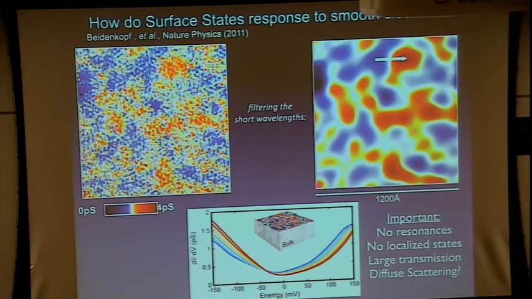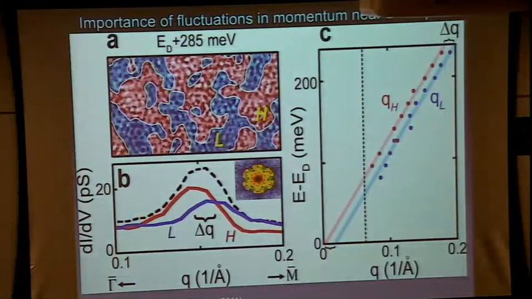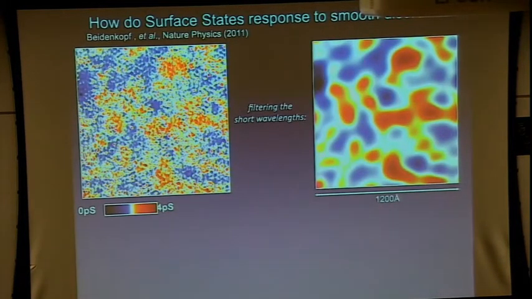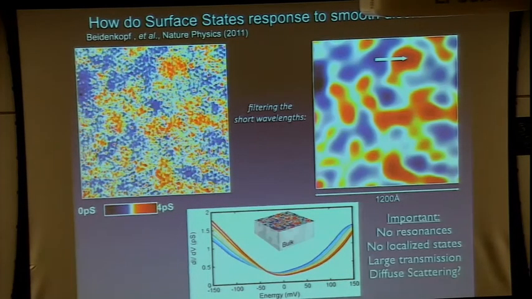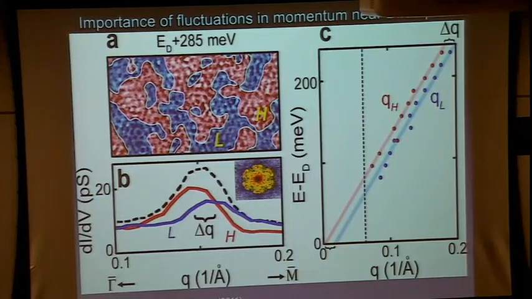Now what's interesting is this. If I take these pictures and filter them to figure out high and low regions, just to be crude, in terms of potential, and Fourier transform the high and low regions separately, I notice that my wave vectors for scattering are actually a little bit different in the high and low regions of the potential.